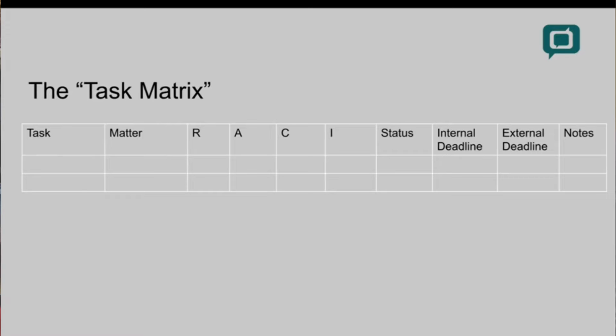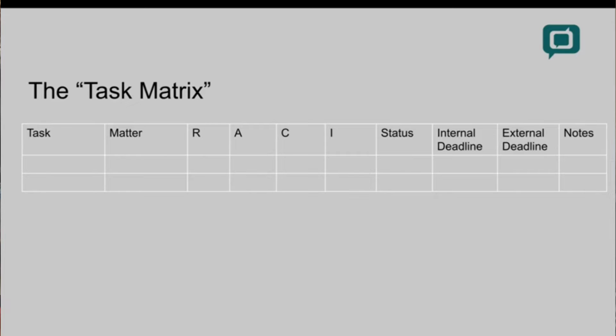Okay. The task matrix is how you are going to keep track not only of tasks, but deadlines and who is assigned to those tasks. You are going to come out of this course with several tools. The big one, the big document-based one, is going to be the task matrix.